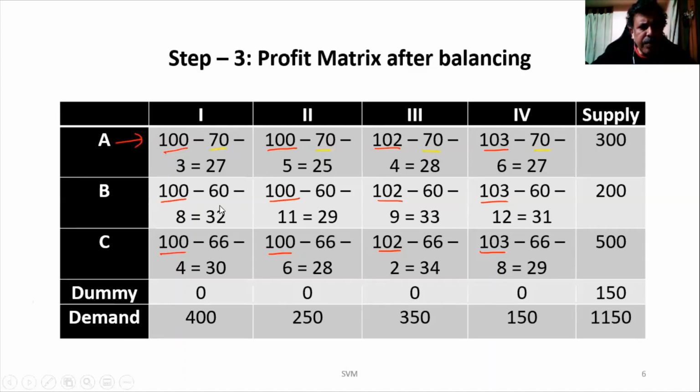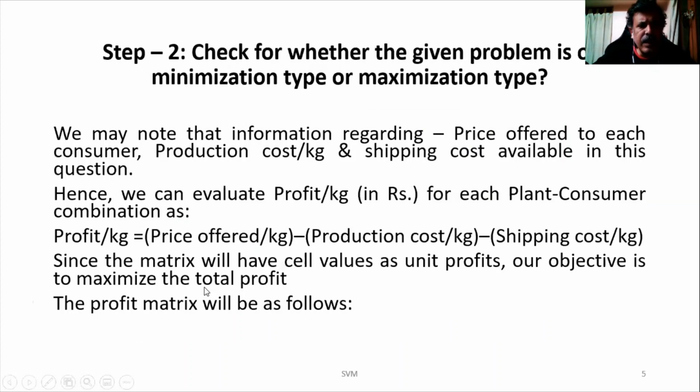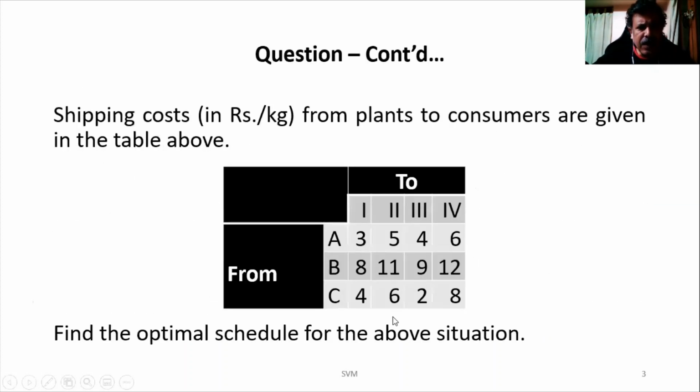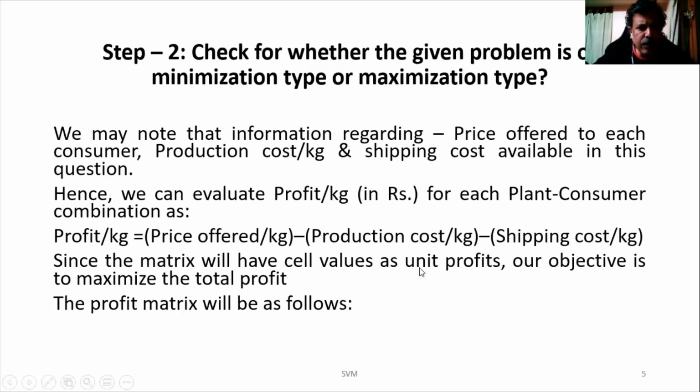So likewise for plant B, it is 60 rupees production cost. Plant C, it is 66 rupees production cost that is getting subtracted. And the other numbers, 3, 5, 4, 6, are already given in the shipping cost. From this table, it is being taken 3, 5, 4, 6, 8, 11, 9. So the corresponding cells are getting reduced by these numbers if you look into it.